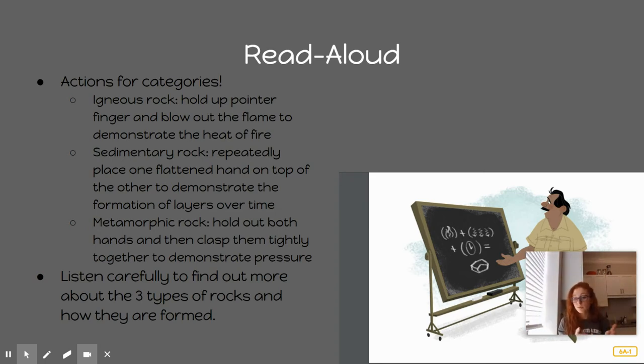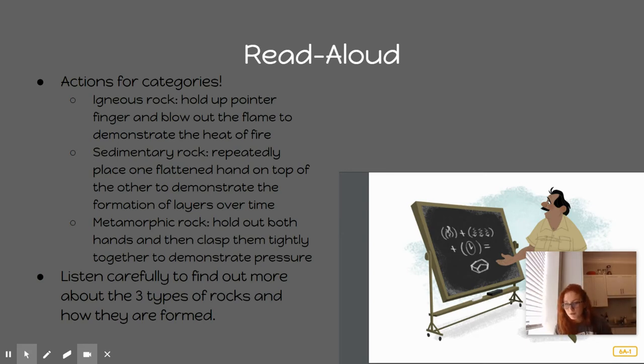So when we're talking about the rocks, we have igneous rock, sedimentary rock, and metamorphic rock, okay? I want you to listen carefully to find out more about the three types of rocks and how they are formed, okay? Anytime that you hear any of those words, igneous rock, I want you to go. If you hear sedimentary rock, I want you to go.